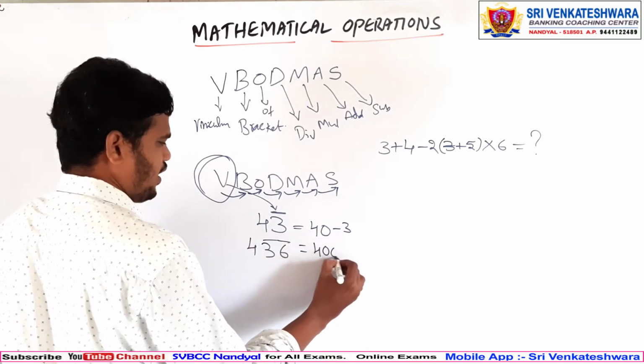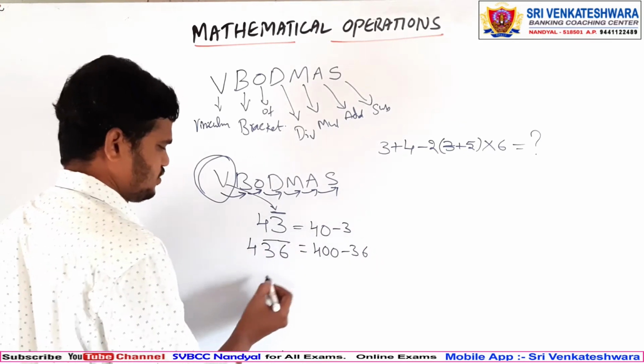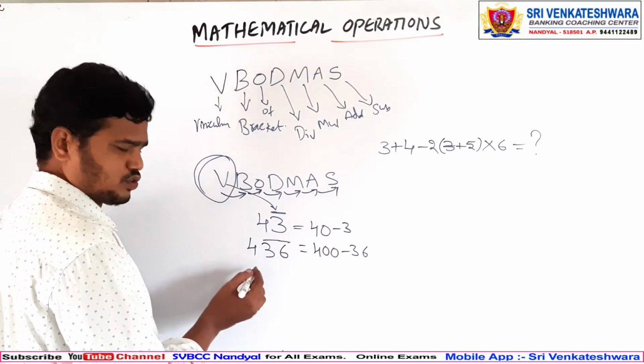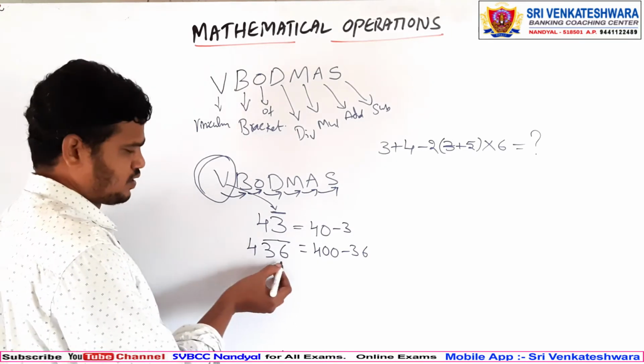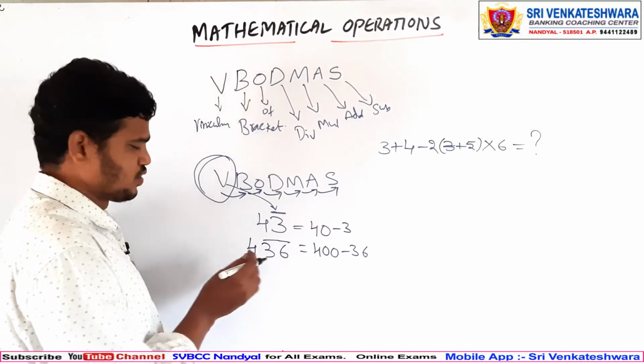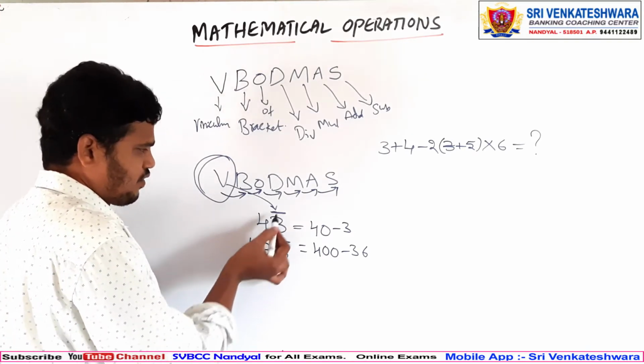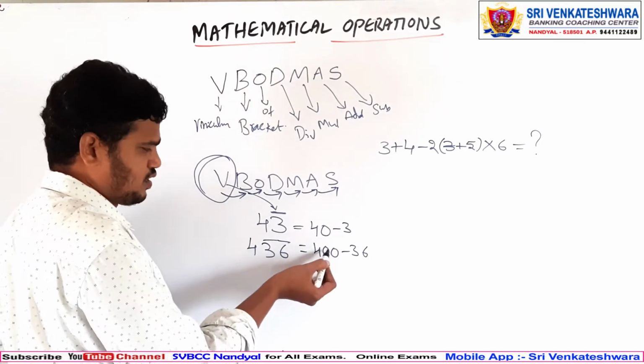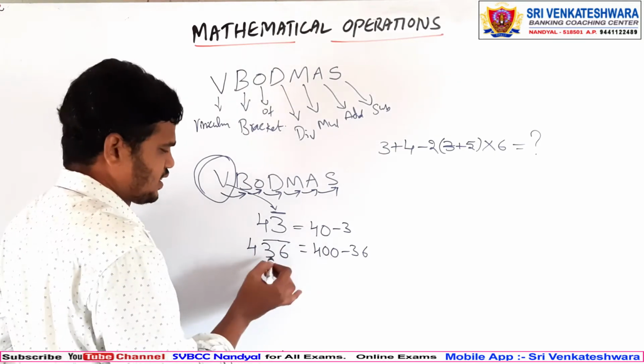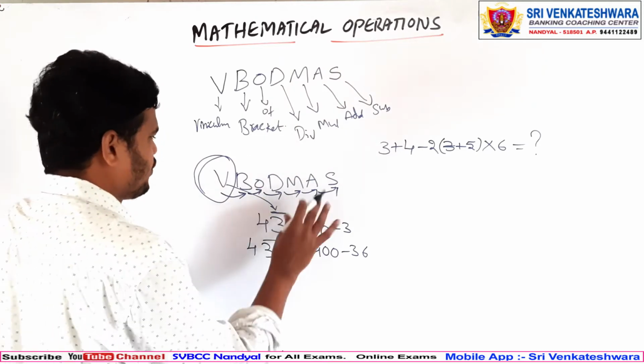It means 400 minus 36. The hundreds place has 400, the number without the vinculum bar, so you go for the zeros here. 400 minus 36. In this manner you can go for the vinculum.